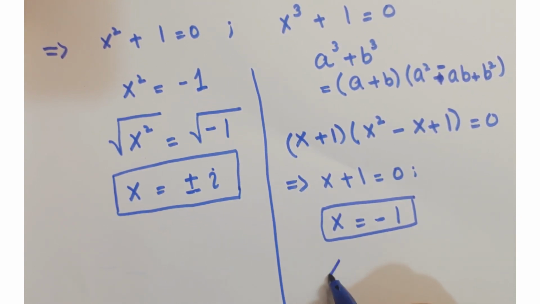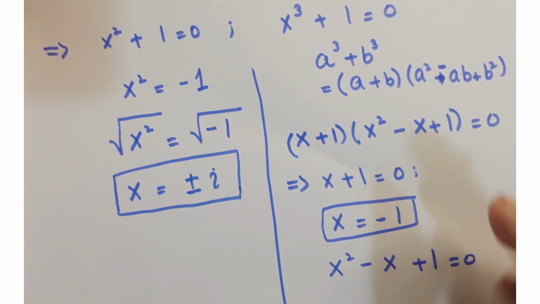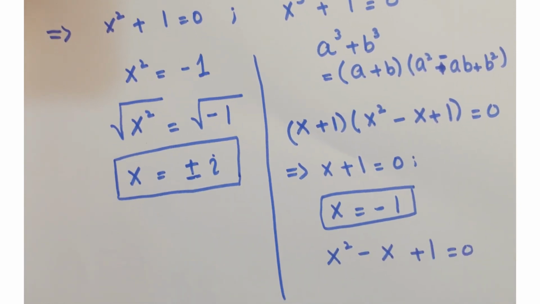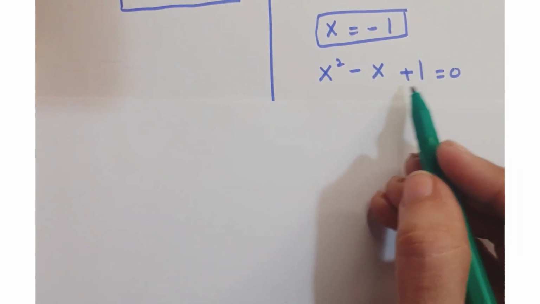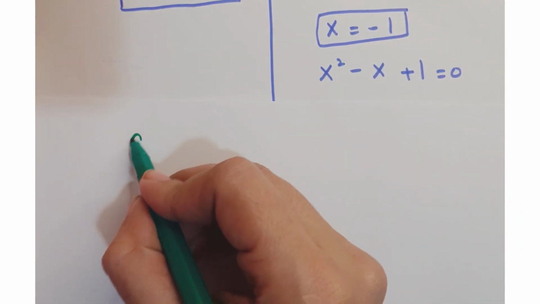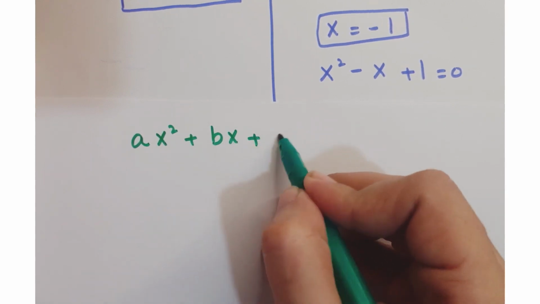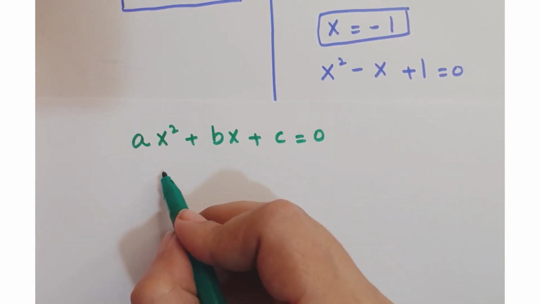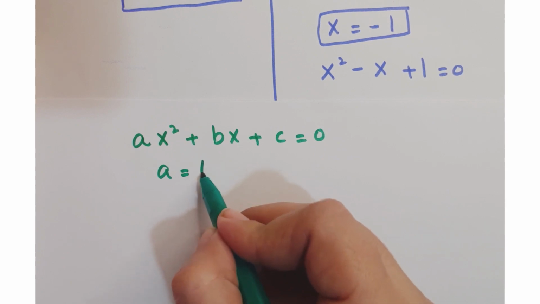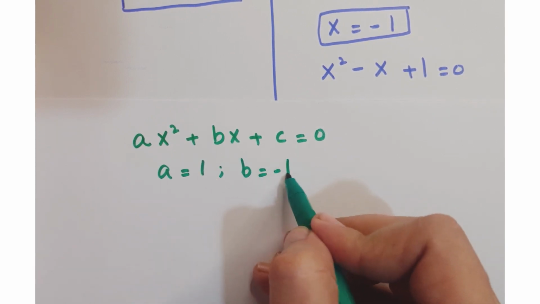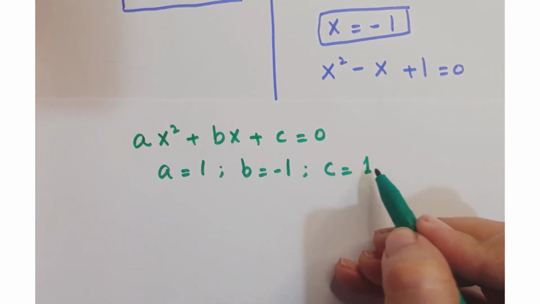Now working on this quadratic equation, that is x square minus x plus 1 is equal to 0. Comparing this with the standard quadratic equation, that is ax square plus bx plus c is equal to 0, we have a is equal to 1, b is minus 1 and c is 1.